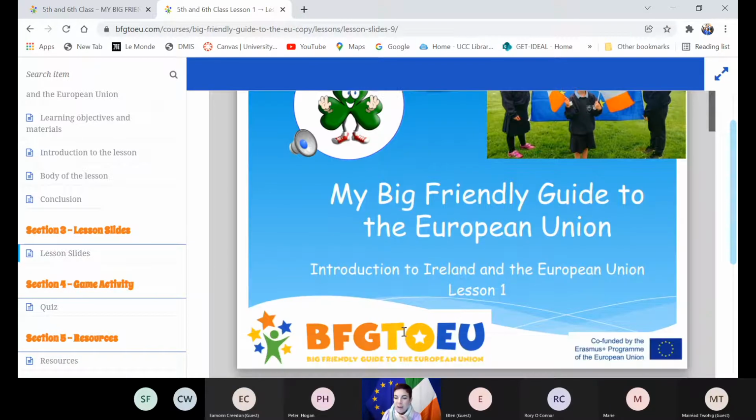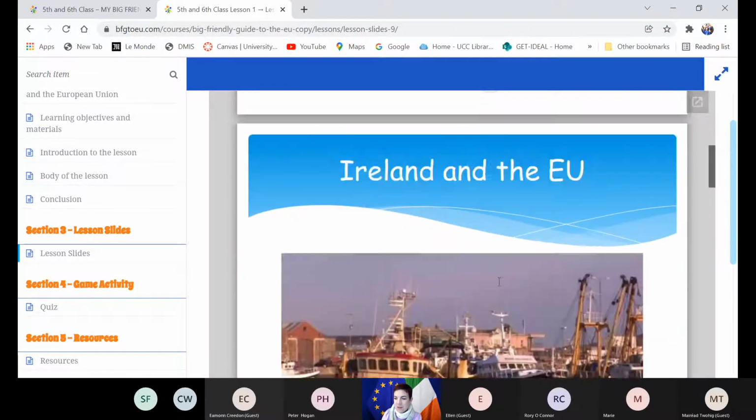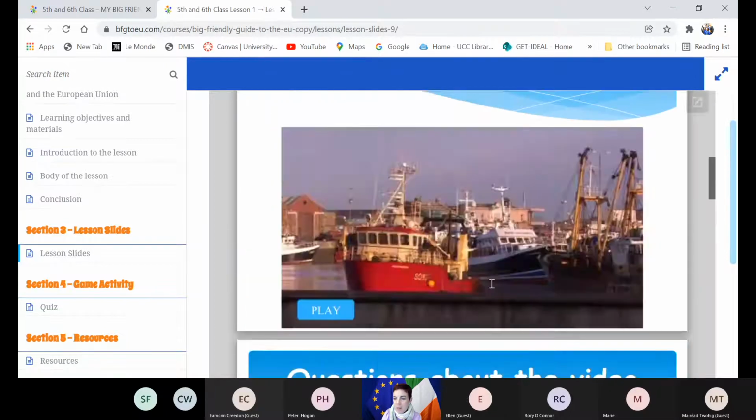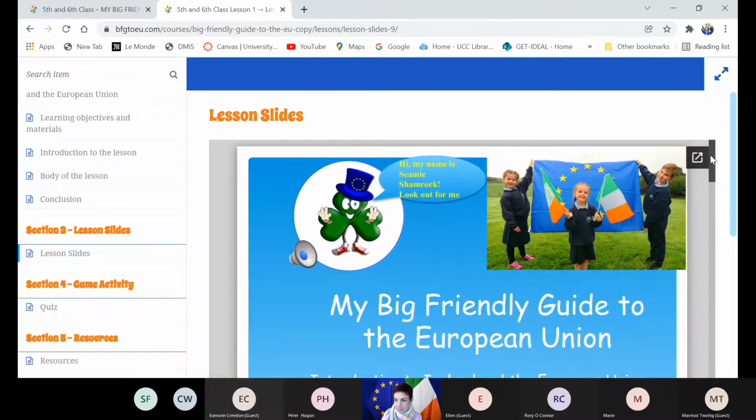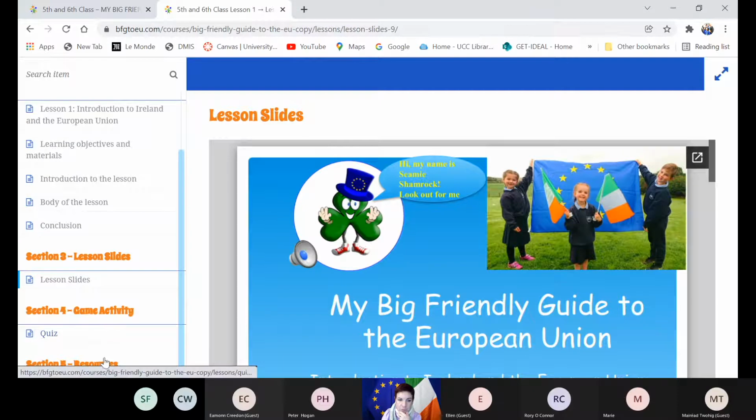So we used to be able to play the videos from the website, and now we can't. Now it's a kind of Google viewer, so you can't play the slides from the website. You can open a pop-out and download them from there, or you can click on resources and download them from there. Let me click on resources.